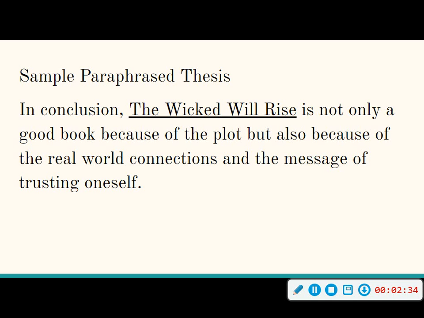That was my original. My paraphrase thesis is, in conclusion, The Wicked Will Rise is not only a good book because of the plot, but also because of the real-world connections and the message of trusting oneself. So I really condensed it and reworded it.